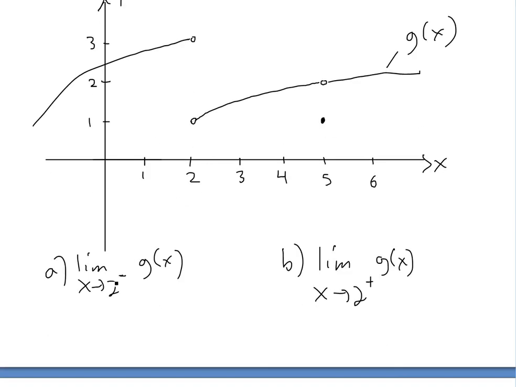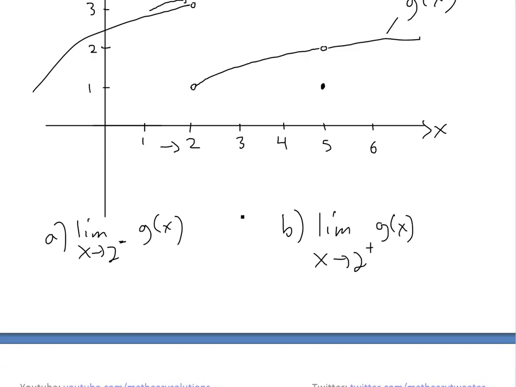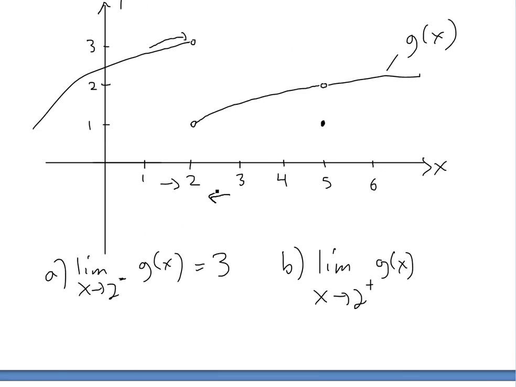So now let's look at the first part. Find the limit as x approaches 2 from the negative side, the left side, of g of x. When we approach from the left side of 2, we're going to be on this curve, and this is going to equal 3. Now for the limit of g of x as x approaches 2 from the right side, the plus, we're on this curve, and we get to this point right here, which equals 1.